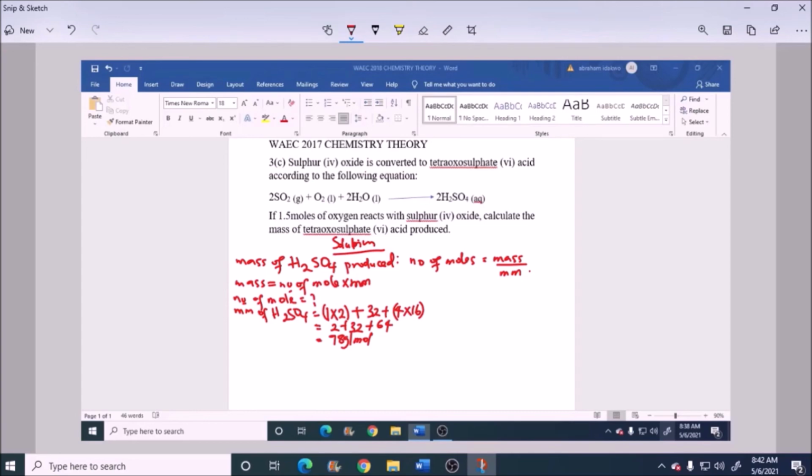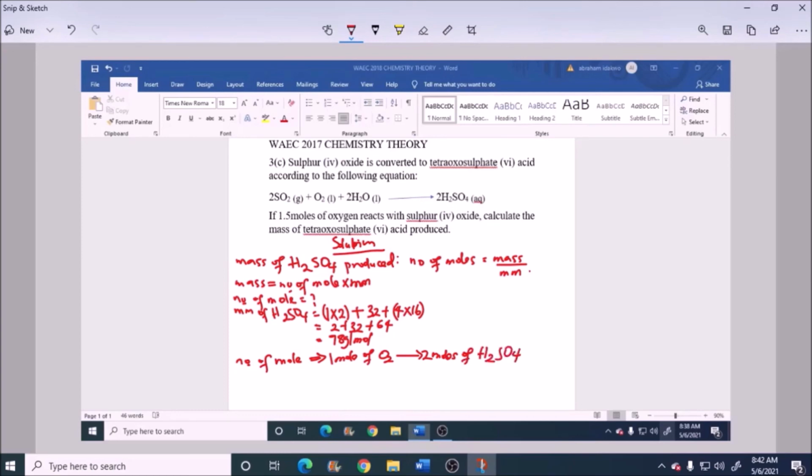Then we still want to calculate the number of moles. From the equation, 1 mole of oxygen gas gives 2 moles of H2SO4.